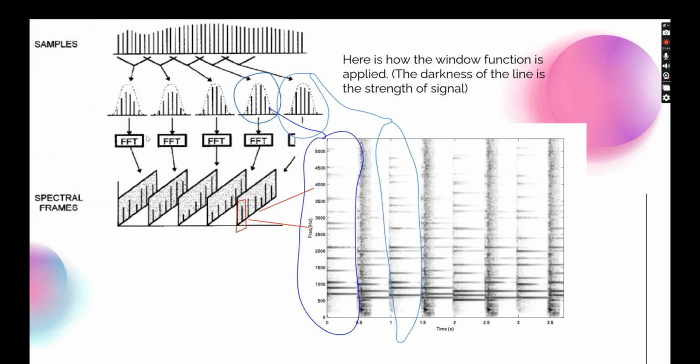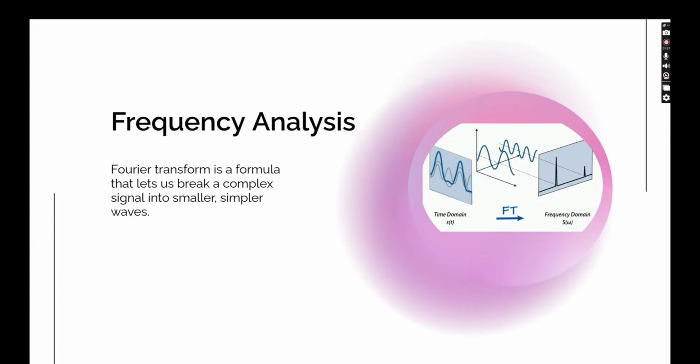And then to give you a better report, you slice that signal into smaller chunks, and you apply that formula to each smaller chunk. Instead of the whole recording, apply Fourier transform. That's not very accurate.